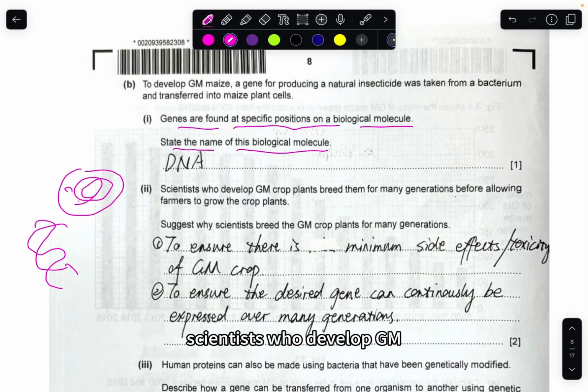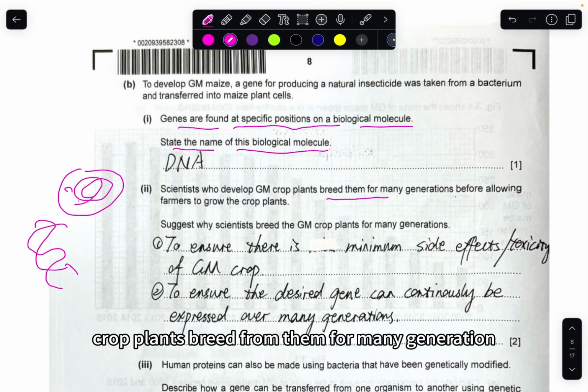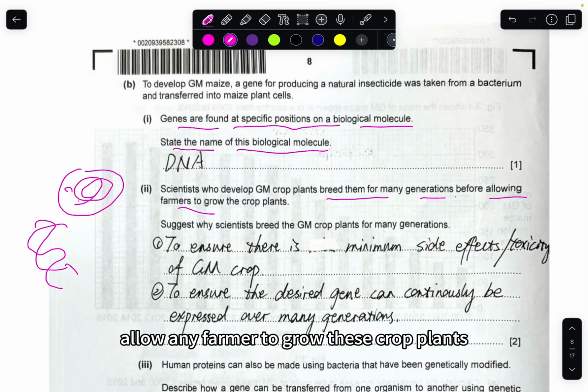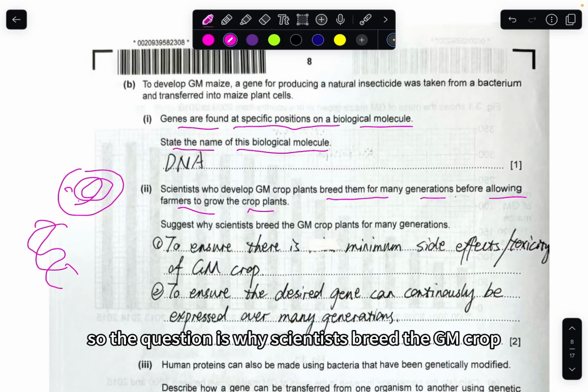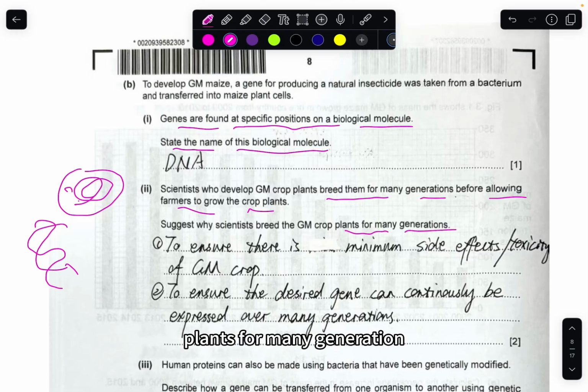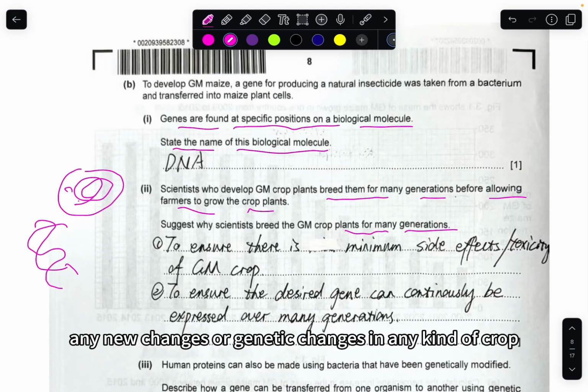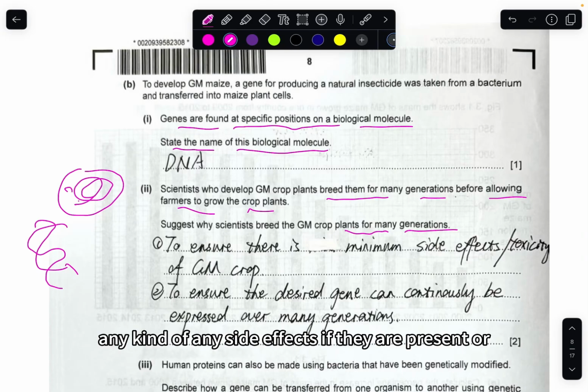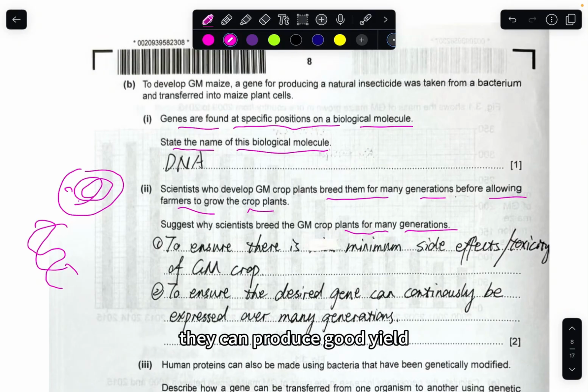Scientists who develop GM crop plants breed from them for many generations before allowing any farmer to grow these crops. So the question is, why do scientists breed the GM crop plants for many generations? When we make any new genetic changes in any kind of crop, we must make sure of any side effects, if they are present, and that they can produce a good yield, and their flavor and taste are good.